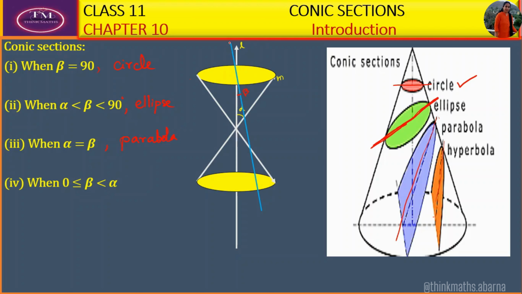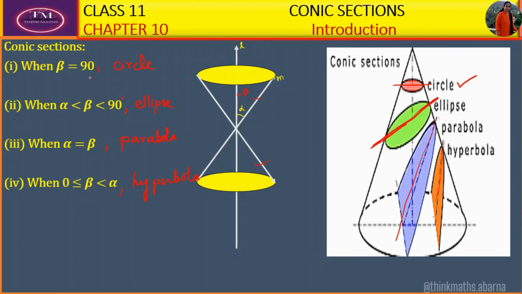In a hyperbola, this line cuts both the upper nap as well as the lower nap, and it will give the shape of the hyperbola. So this is the way we get those four shapes: circle, ellipse, parabola and hyperbola.